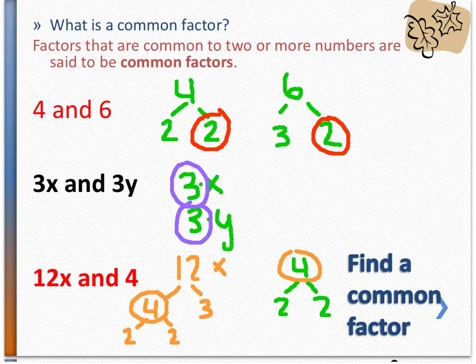Or you could say 2 times 2 would be our common factor. Now, they also have a common factor of the number 2. So 12x and 4 have a common factor of 4, and they have a common factor of 2.